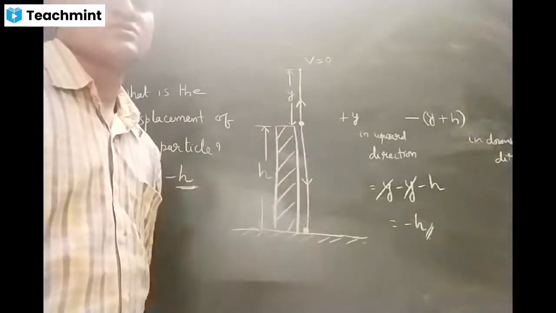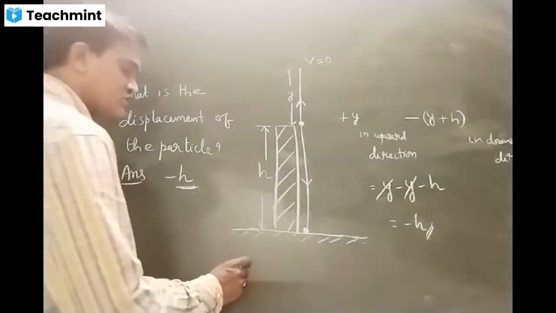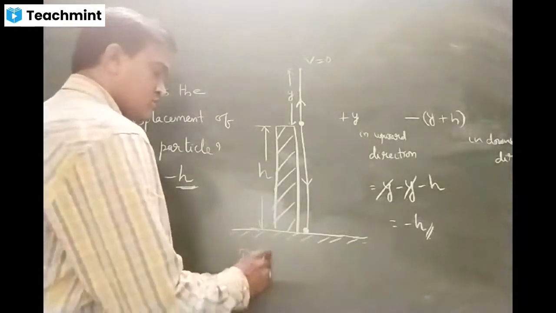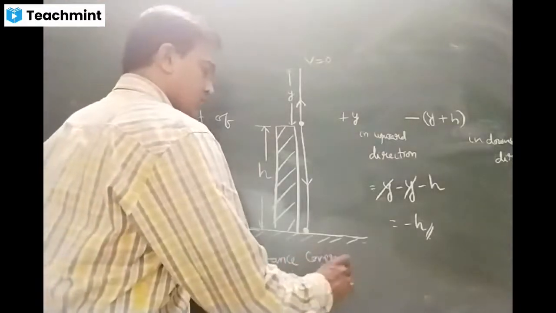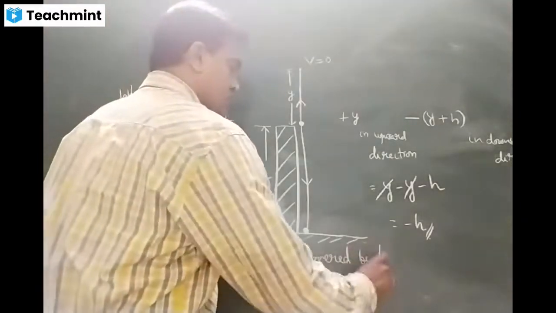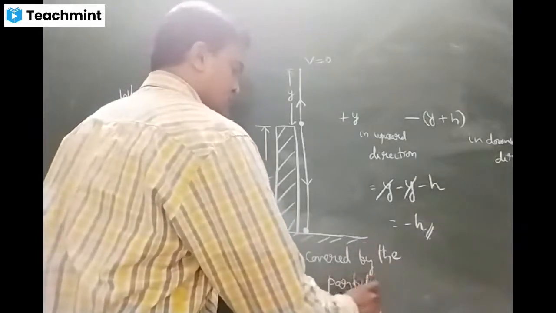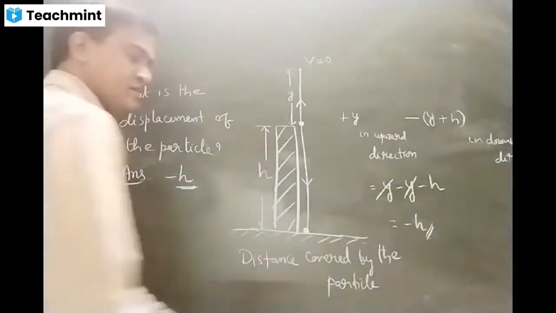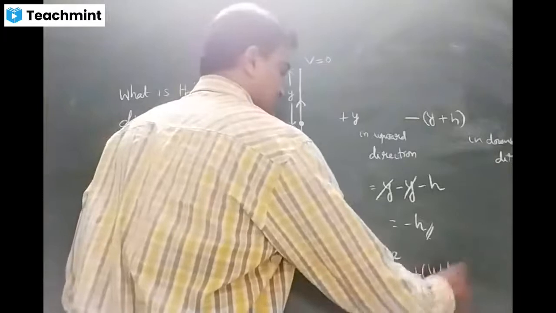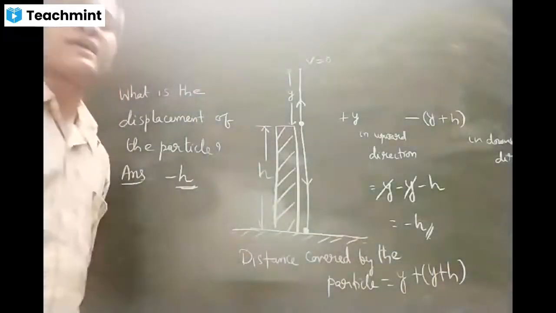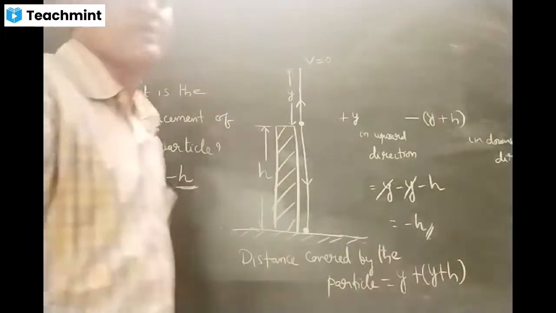So I need to add these two. What is the distance covered by the particle? It is nothing but y plus of y plus h. I'm not considering the negative sign here because distance is not a vector quantity.